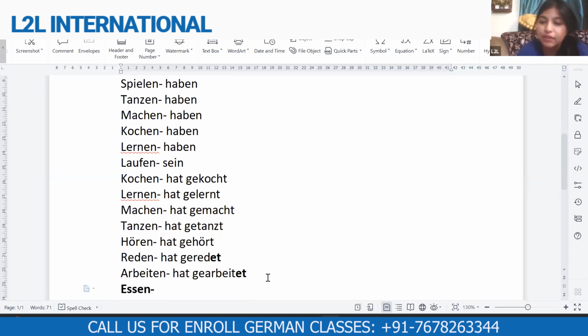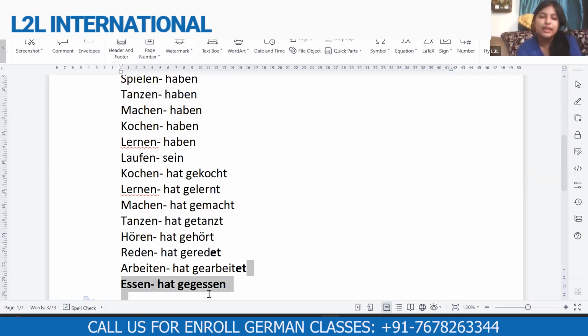Essen is again an irregular verb, so we cannot write it like that. It would change to hat gegessen. Gegessen doesn't follow a rule, so it is better to memorize it. That is the easiest way to deal with irregular verbs. As we go through the book, we will keep studying the irregular verbs. But we should know how to change the regular verbs to participle II, and what the helping verb should be. Am I clear with these things?